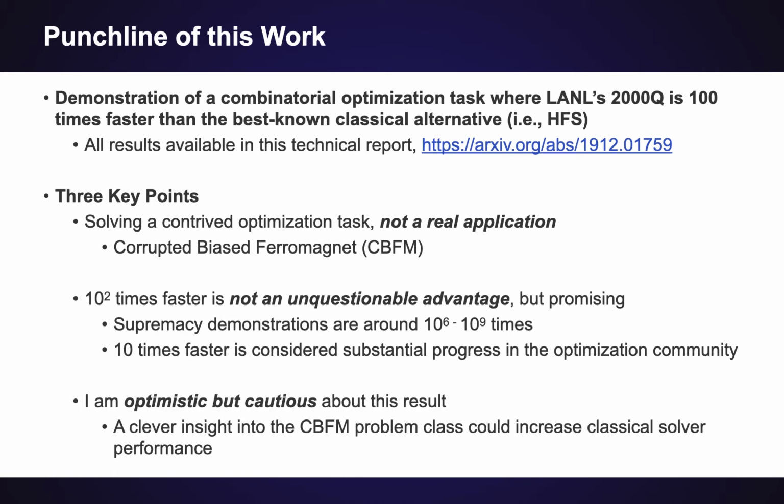Last but not least, I'm optimistic but cautious about this result. It is definitely possible that a clever insight on this CBFM problem could increase classical solver performance significantly and reduce the gap between the D-Wave-based algorithm and the classical-based algorithm. But we've tried our best to think of such insights, and we don't have any so far.